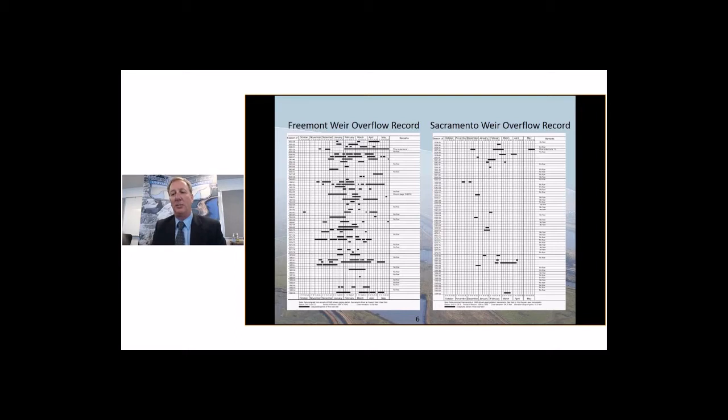Sacramento Weir, based on its operational criteria, generally only operates on rare occasions, whereas Fremont Weir operates in a number of years. Typically, its operation follows the hydrology. It starts in maybe as early as December and makes its way through the rainy season to, let's say, the May time period.